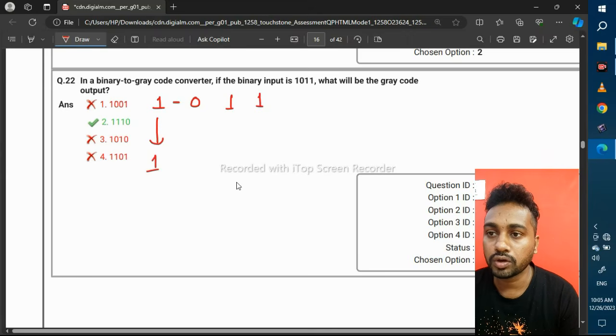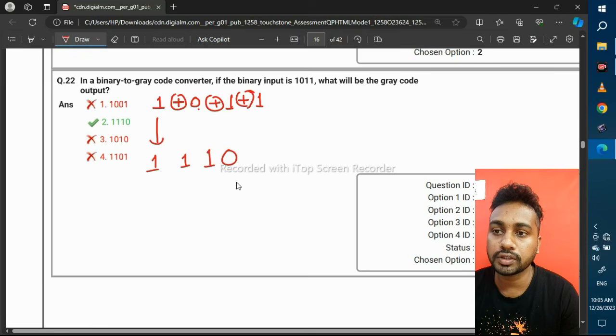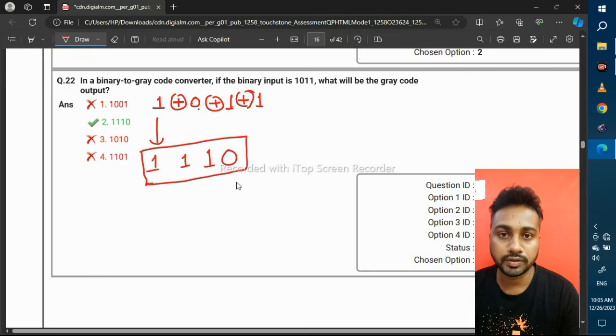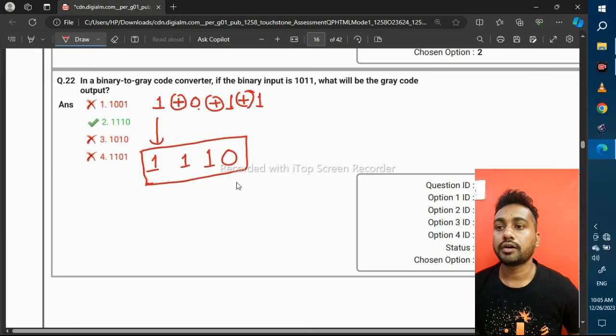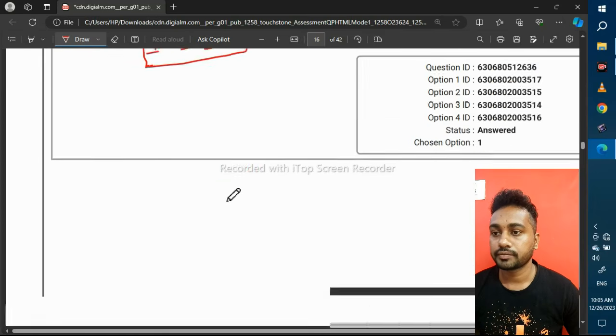Now we have to do XOR operation between these bits. So 1 XOR 0 is 1, 0 XOR 1 is 1, and 1 XOR 1 is 0. In XOR operation, what is the output? If both the inputs are the same, then the output is 0. So this is the gray code conversion of the binary number. Okay, this is also correct.